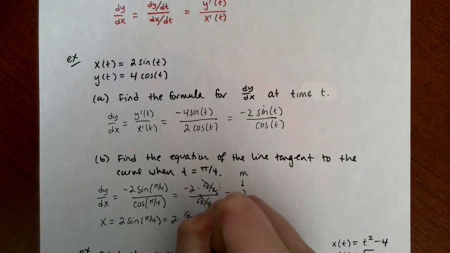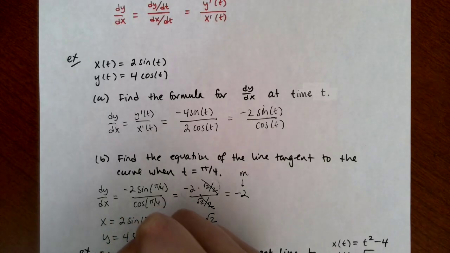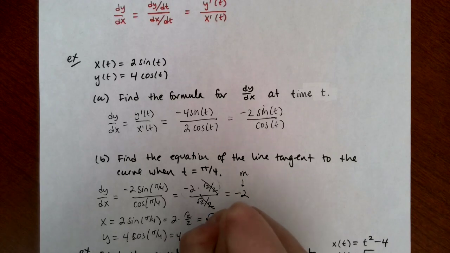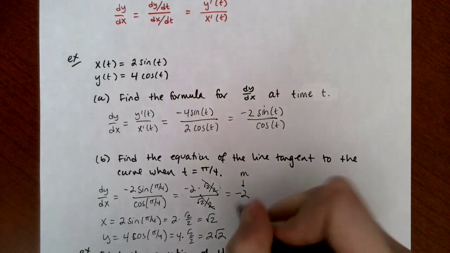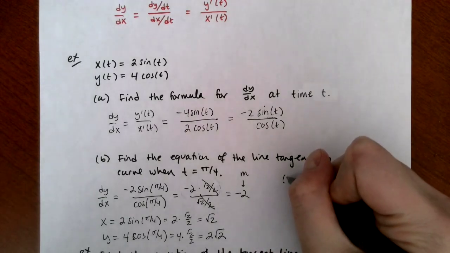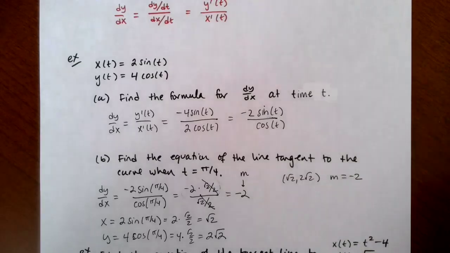So that's 2 times root 2 over 2, so that's positive root 2. Y is 4 cosine pi over 4, which is 4 times root 2 over 2, which is 2 times root 2. All right, so the xy point is root 2 comma 2 root 2, and the slope is negative 2.